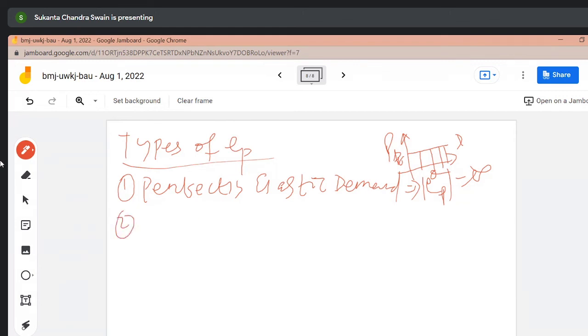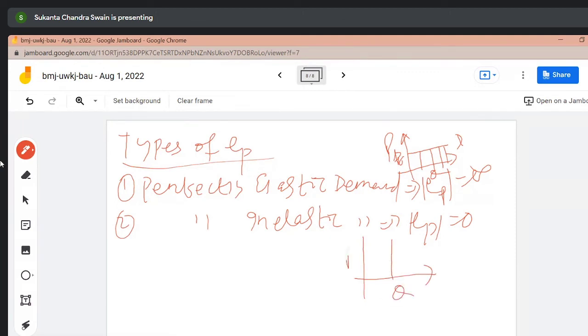Second is perfectly inelastic demand. Just the reverse of that one, another extreme. Here, EP mod is equal to zero, and the demand curve becomes like this. Whatever may be the change in the price, quantity demanded will be unchanged.